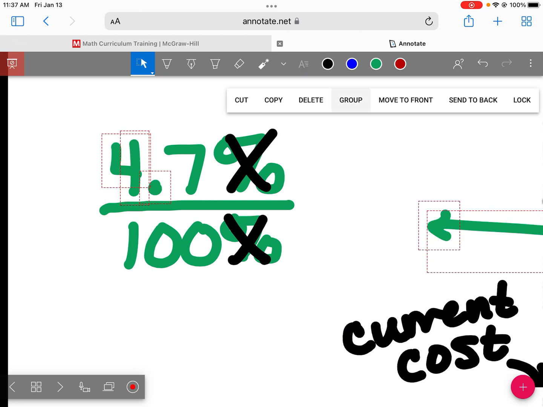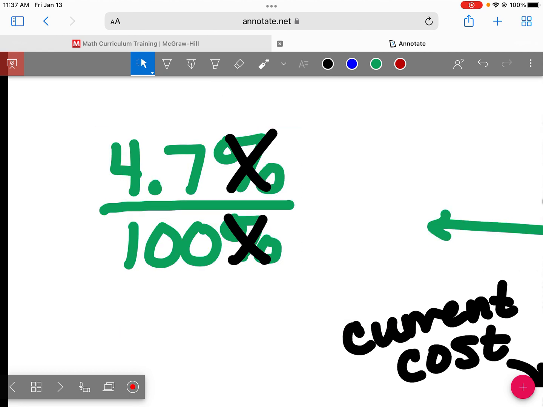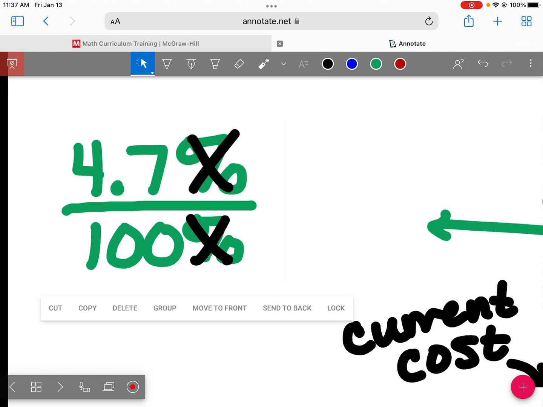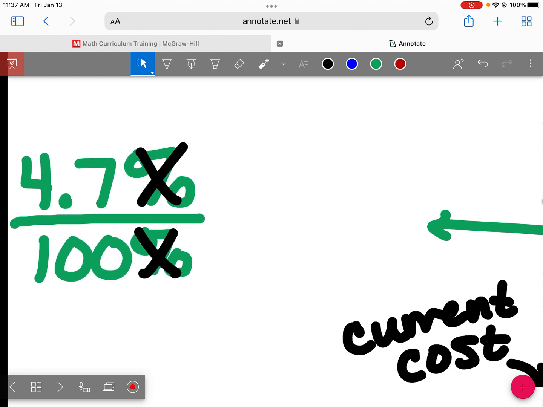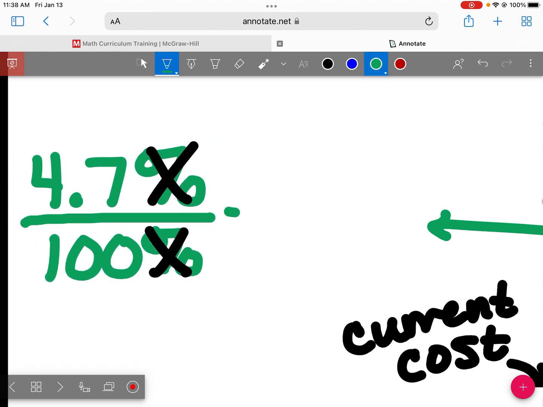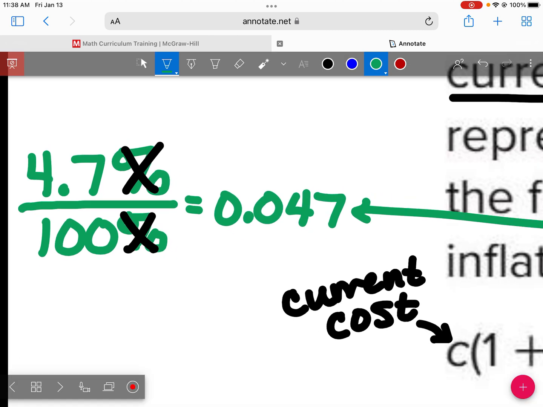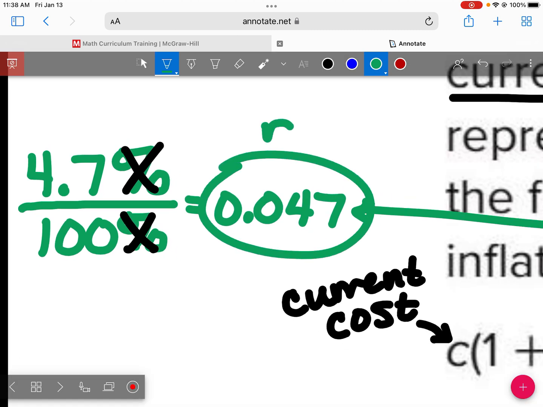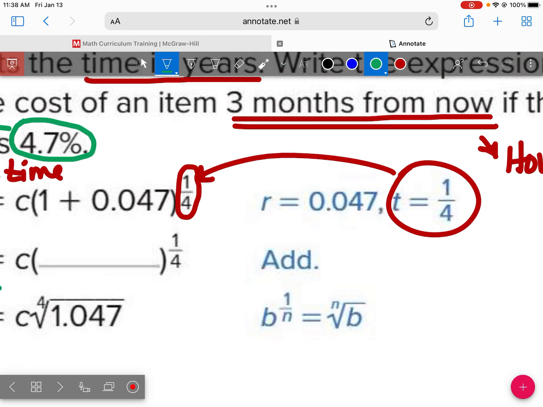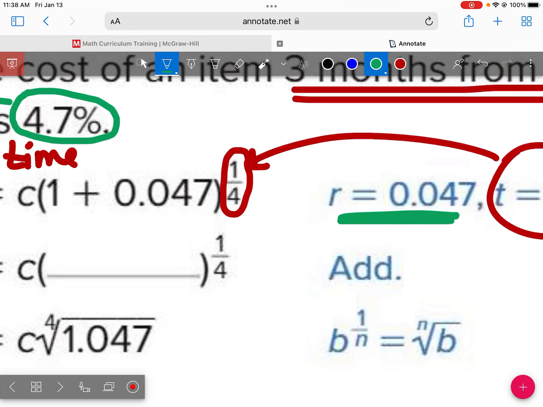How much is it? 0.047. This is R. That's where they got this from. And they put it in the formula in the place of R.